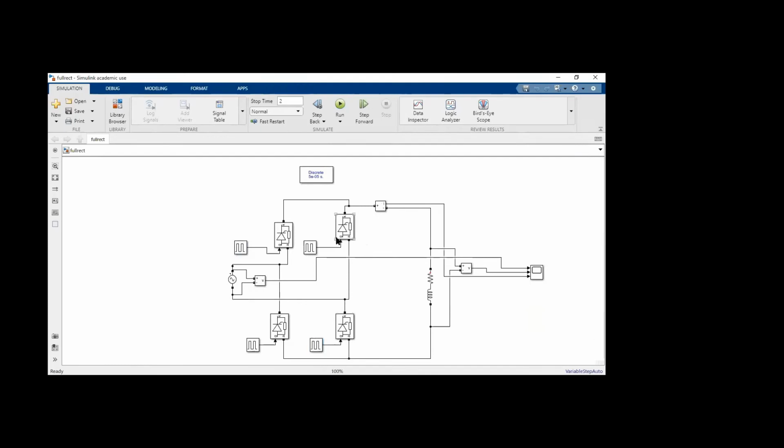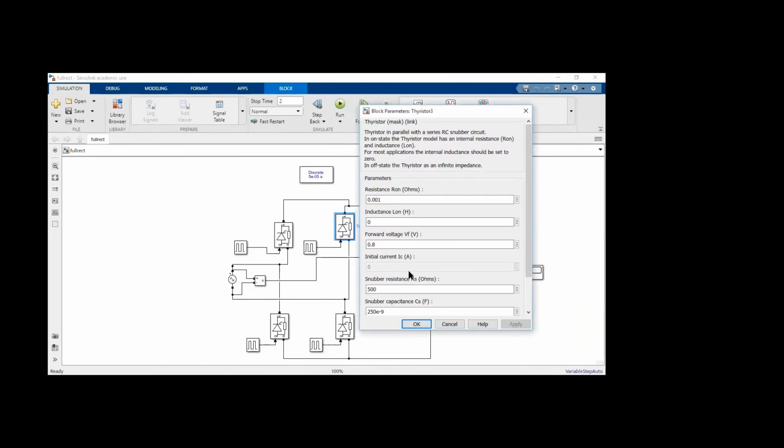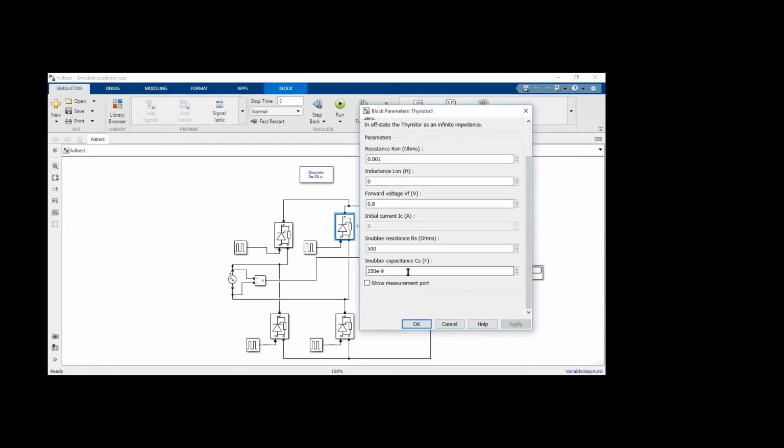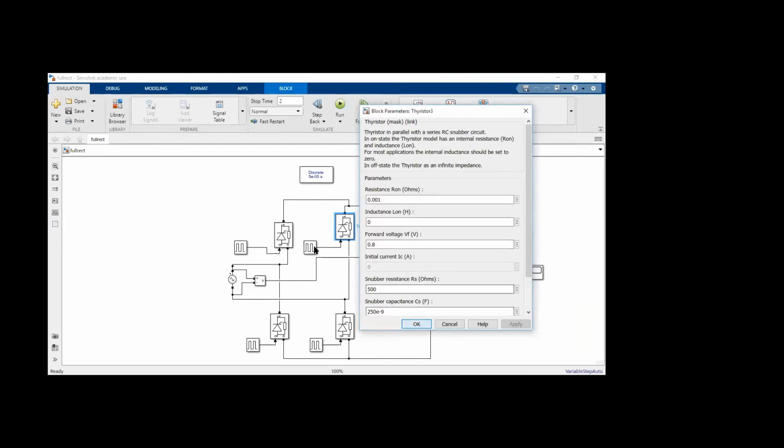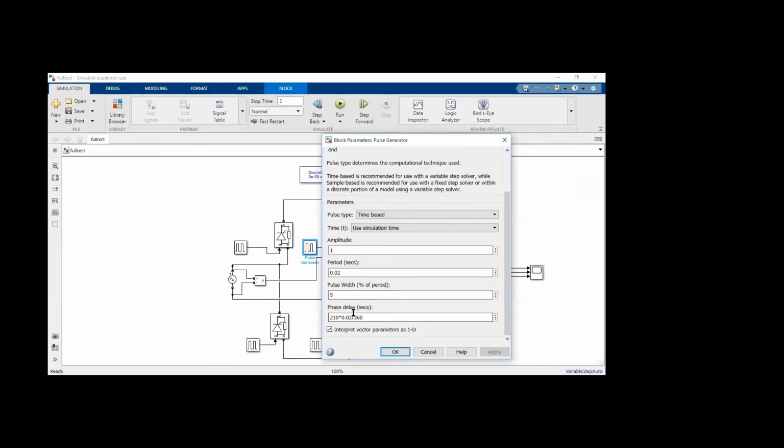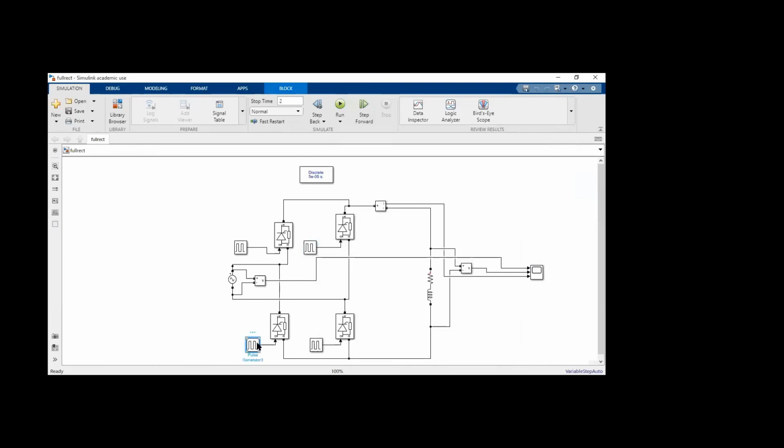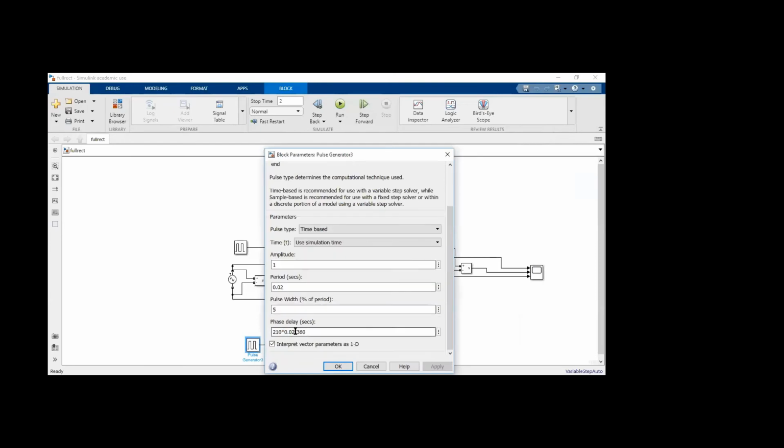When you consider the negative half cycle, 2 and 3 will be conducted. It will be conducted after 180 degrees. So when you consider that, the pulse generator will be 180 plus 30 degrees, which is 210. So here this is 210 and this is also 210 degrees.